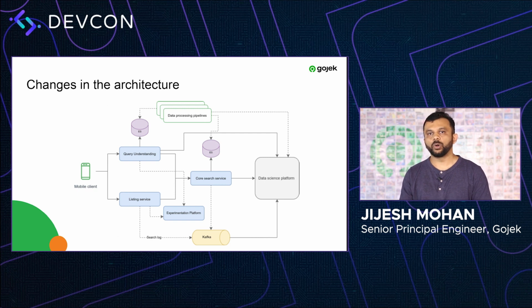Later, we also moved our relevance ranking model, that LTR model, which was part of Elasticsearch, to this platform. That reduced our Elasticsearch CPU usage, and also made it easy for our data science team to experiment with various models more effectively without affecting the engineering team or even the services.